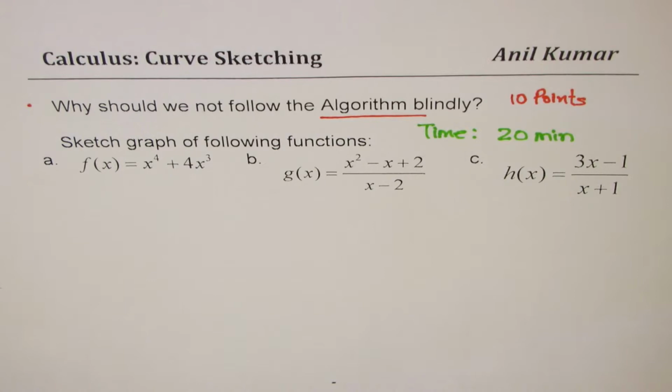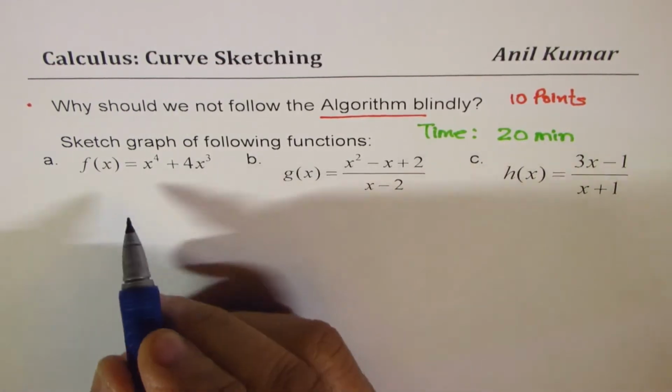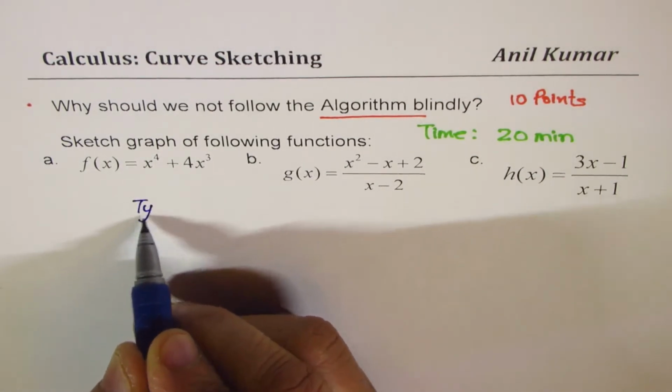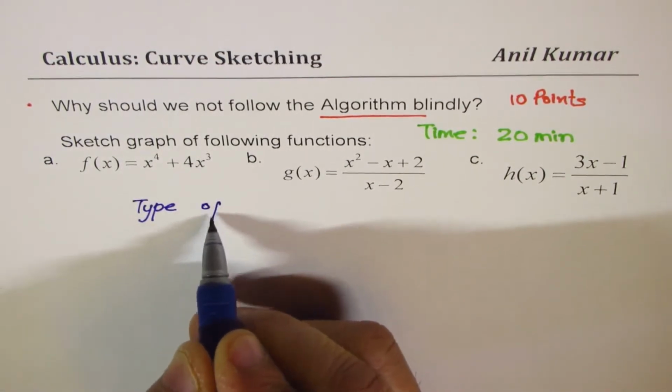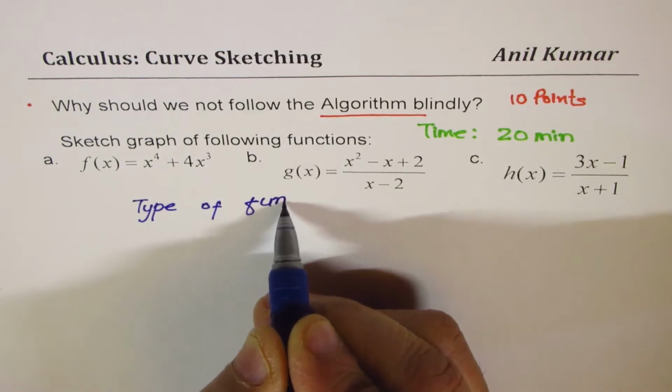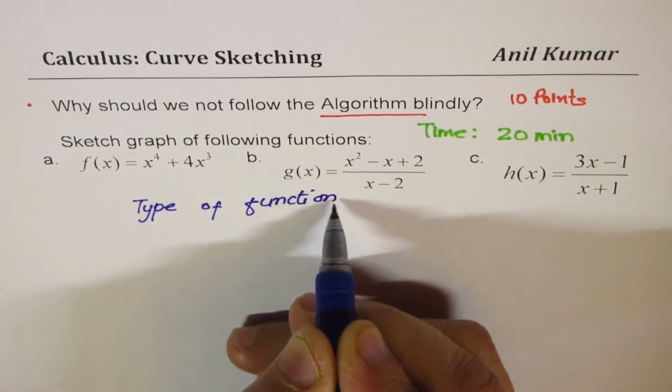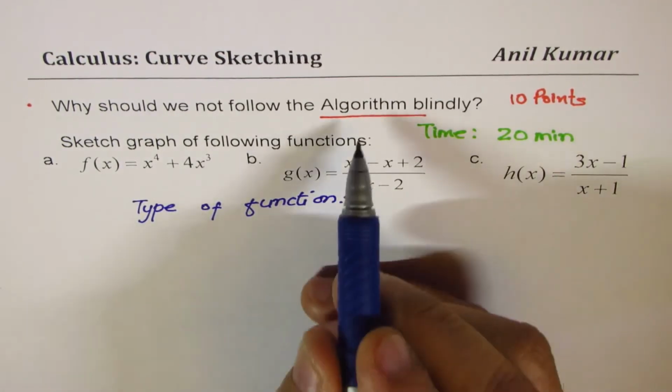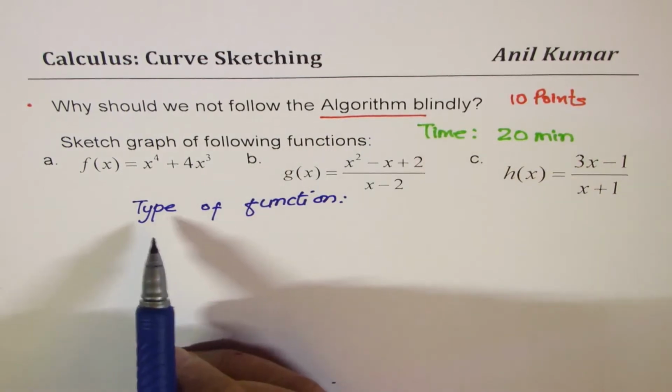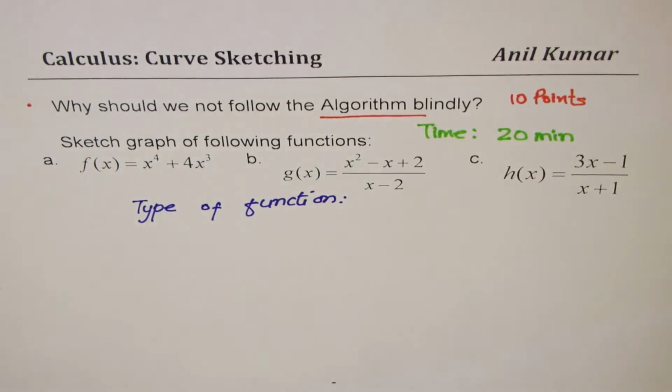Now here is a neat strategy to work with. The most important criteria to sketch any curve is to analyze the type of function. Now this is not part of your algorithm, the type of function which I'm talking about.